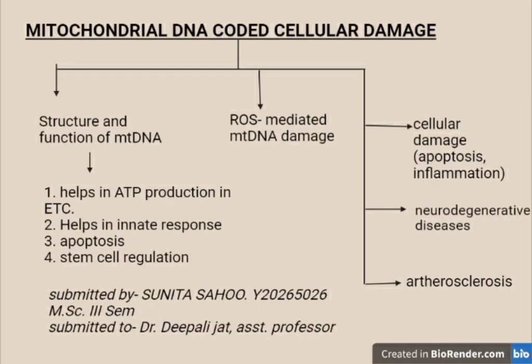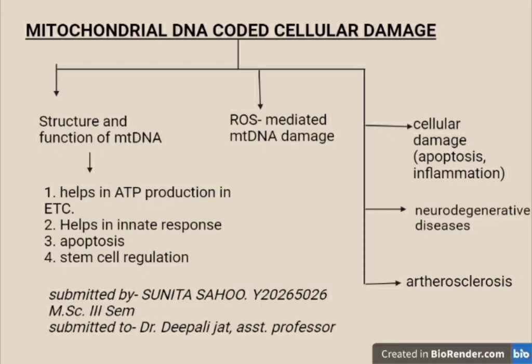We all know that innate immunity is the inborn system that recognizes and responds to infections by pathogens, providing immediate and non-specific defense. So in innate immunity, the mitochondrial antiviral signaling proteins, that is the MAVS, play a key role in the innate response to viral infections, helping to induce antiviral and anti-inflammatory pathways.